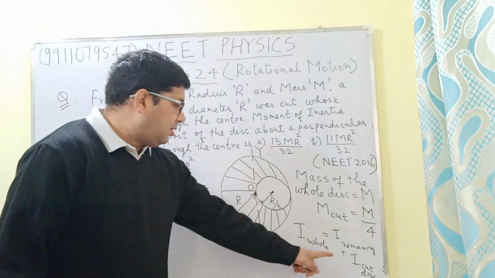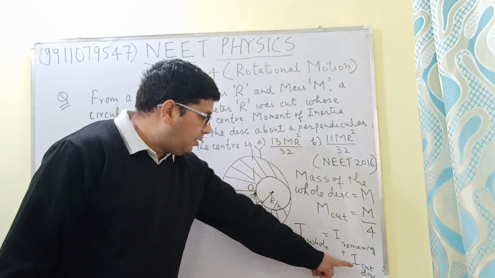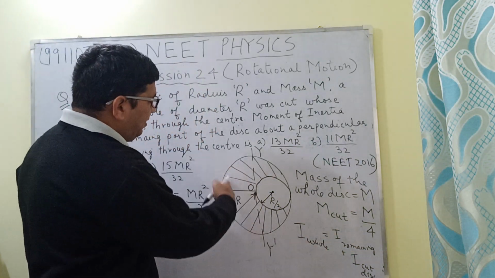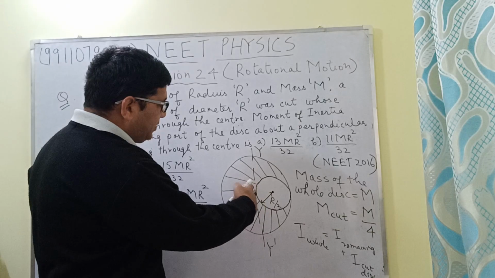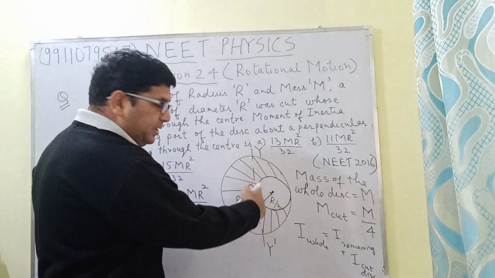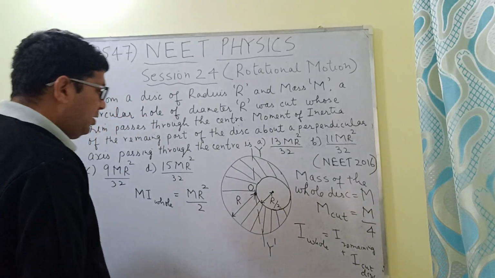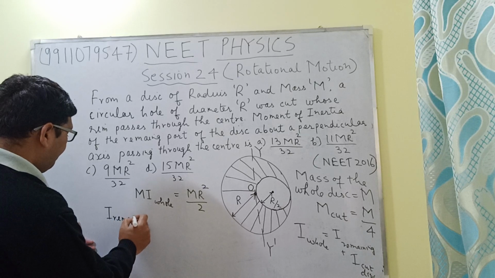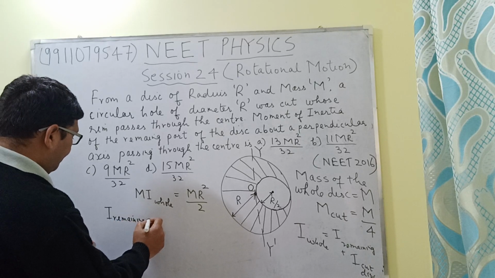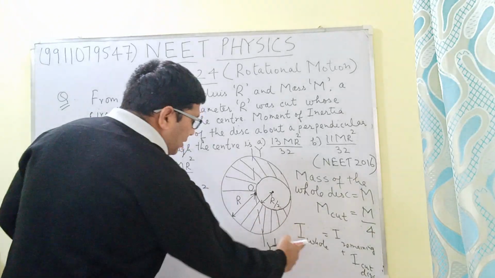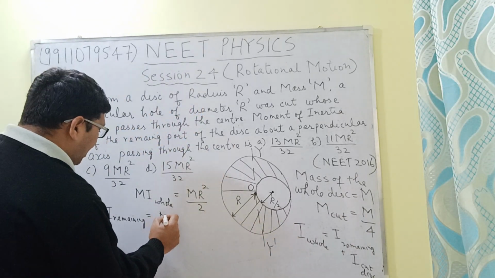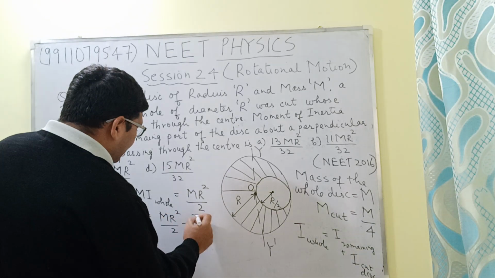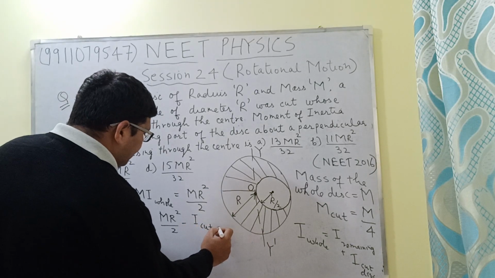Now we have to find the moment of inertia of the remaining part, that is, the part remaining after the disc having a radius of r by 2 is cut. So I remaining, the moment of inertia of the remaining part, is equal to the moment of inertia of the whole disk, which is mr square by 2, minus the moment of inertia of the cut disk.